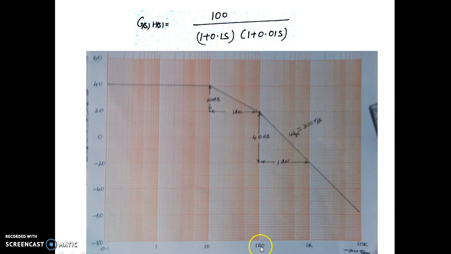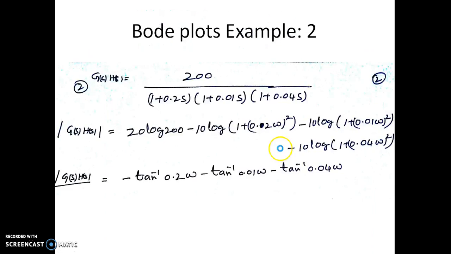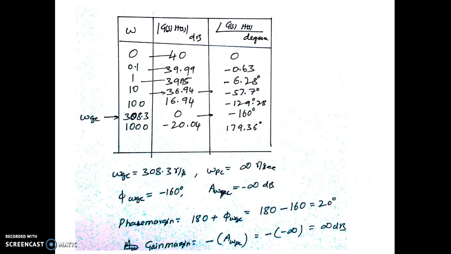At 100 radian per second onwards, the contribution of this also starts. So we have the contribution after 100 radian per second due to this term, that is 100. We have the contribution due to this also, which is a minus 20 dB line, and we have the contribution due to this also. So as you can see now, after 100 radian per second, the overall slope happens to be minus 40 dB per decade.